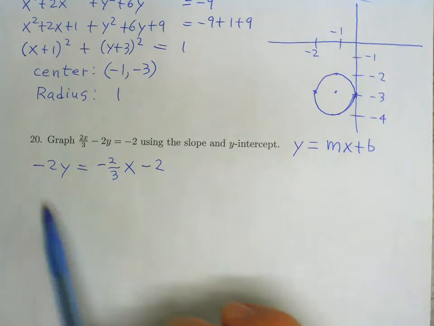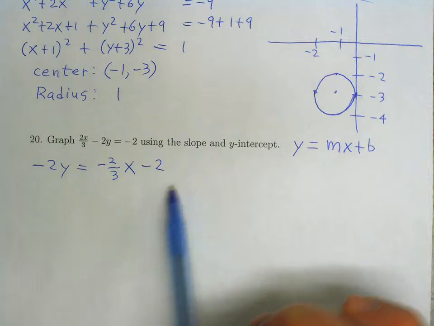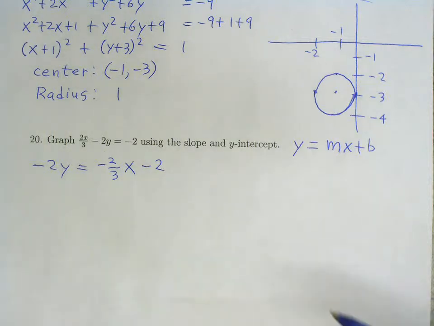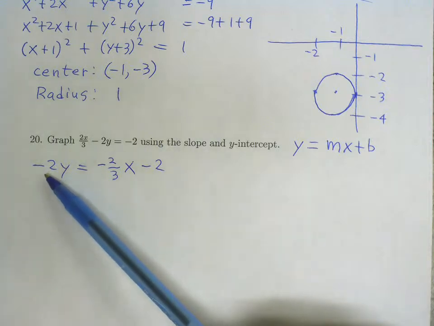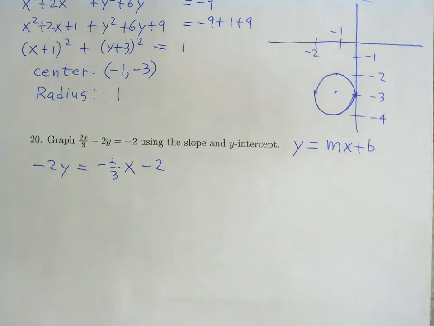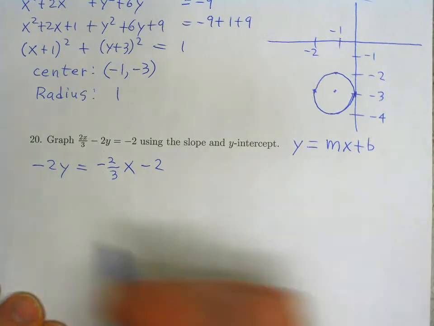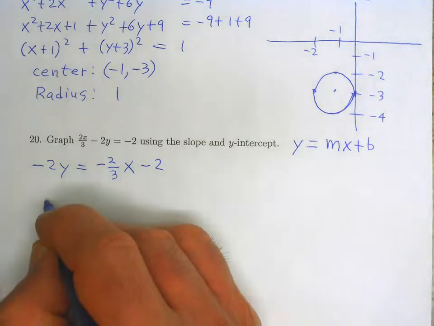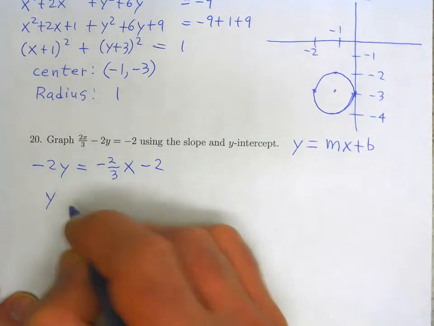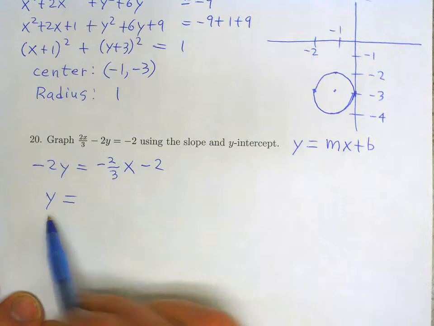And now we're going to divide every term on both sides by negative 2, or equivalently, we can multiply both sides of this equation by the reciprocal of negative 2, which is negative 1/2. Either way, if we divide both sides by negative 2, negative 2y divided by negative 2 is positive 1y, or just y.